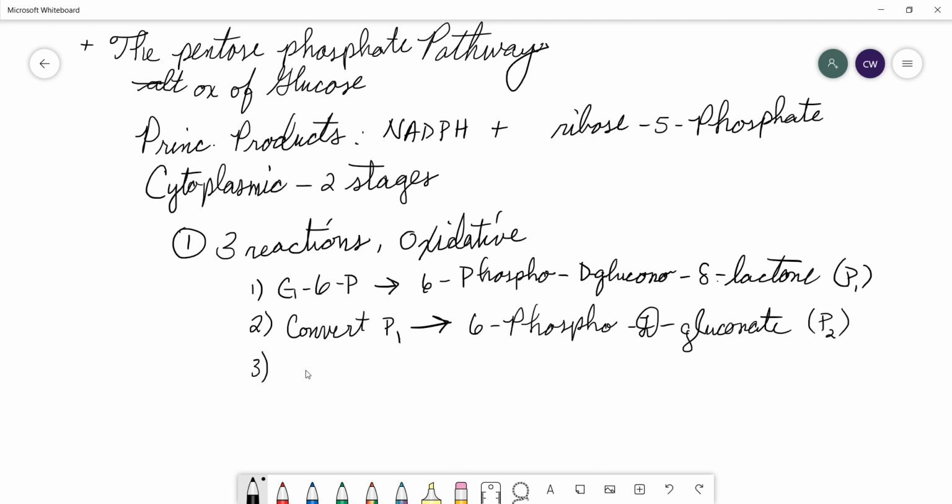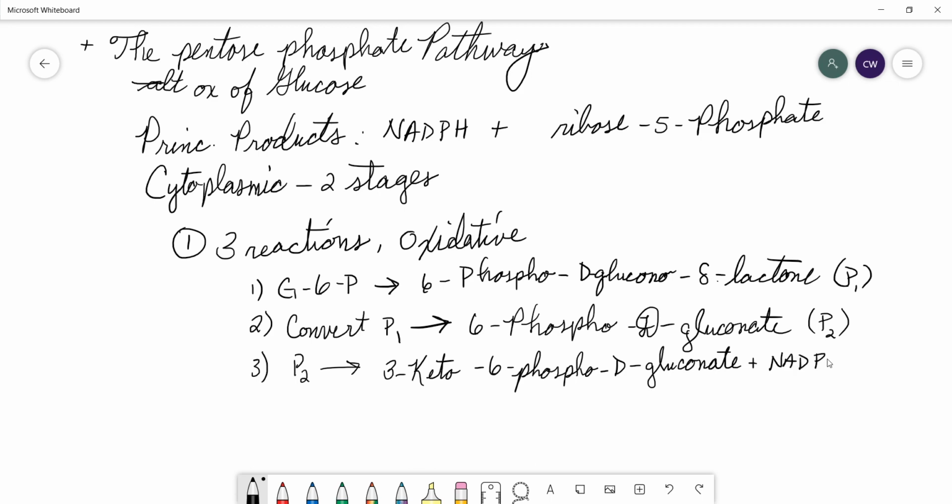Our last step in the oxidative chain is we take product 2 and we convert that to 3 keto, 6 phospho, D-gluconate. And we produce our NADPH.